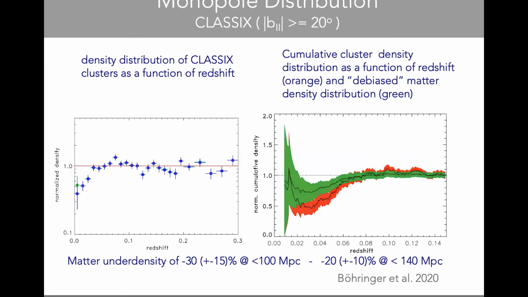The next curve is now starting to explore the nearby universe, and what we plot here in this curve is just the density of galaxy clusters as a function of redshift. The first thing we realized, it's relatively homogeneous. Again, it's a good quality test of our survey that we find a homogeneous universe on large scales. But especially nearby, where we should actually be best at tracing structure, we have a deficit.